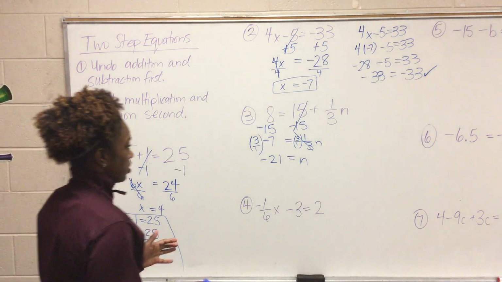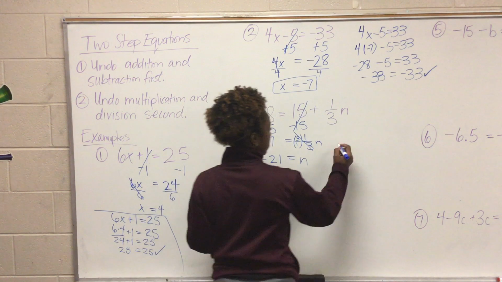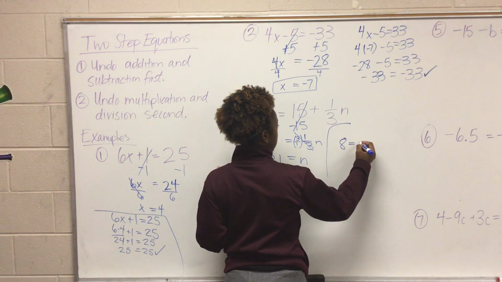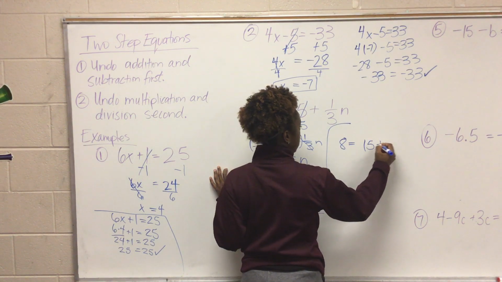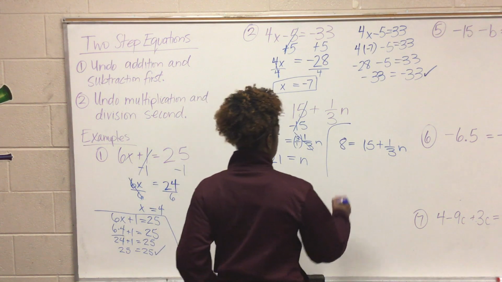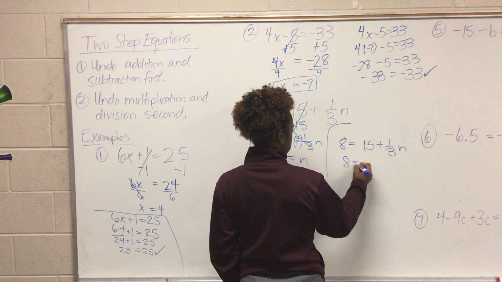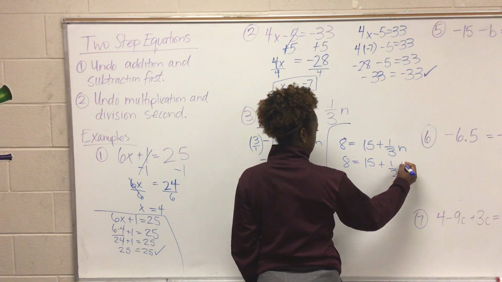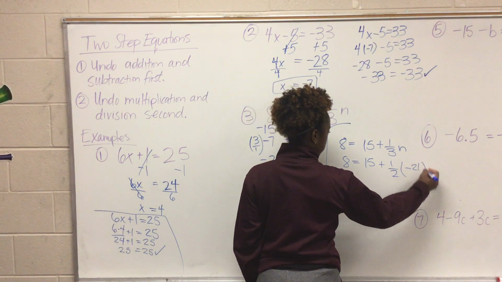And of course, we always want to check it. So we rewrite the problem as it is first: 8 equals 15 plus 1/3 n. Now we want to substitute: 8 equals 15 plus 1/3 times negative 21.